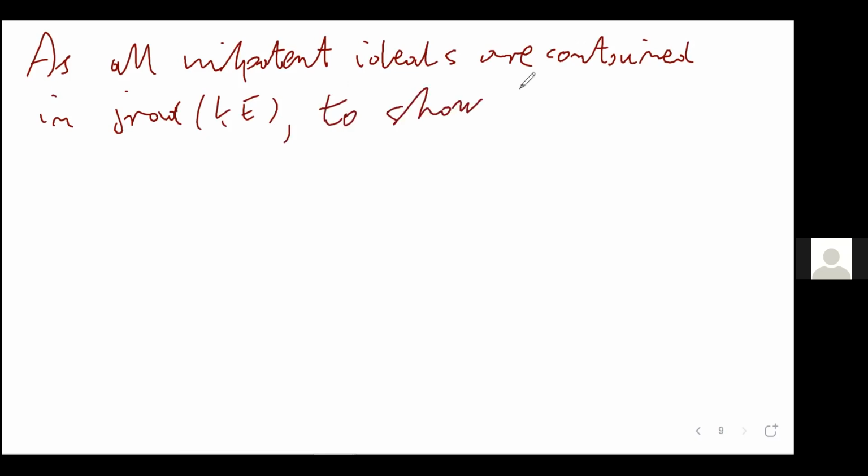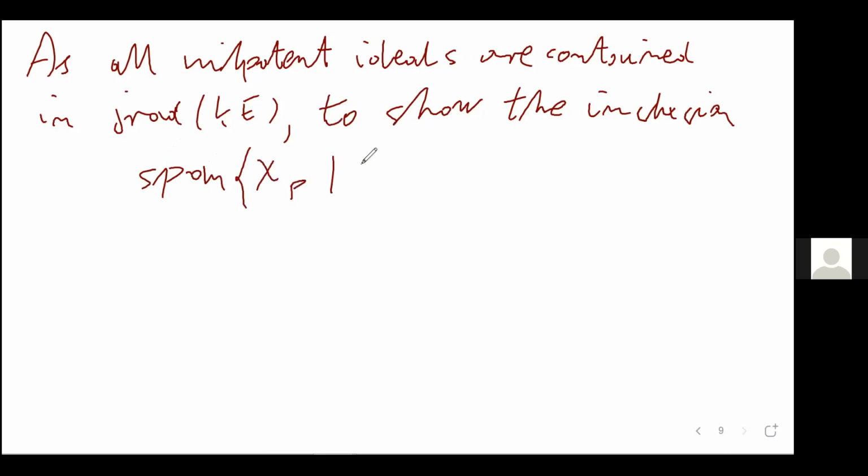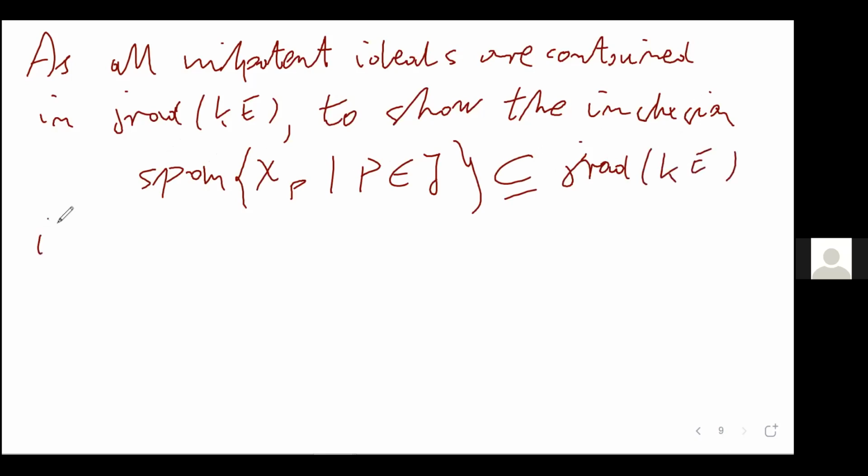To show the inclusion, span of chi P with P running J, you see now it's much simpler to write. To show that this is included in the Jacobson radical of Ke, it suffices to prove the following lemma.